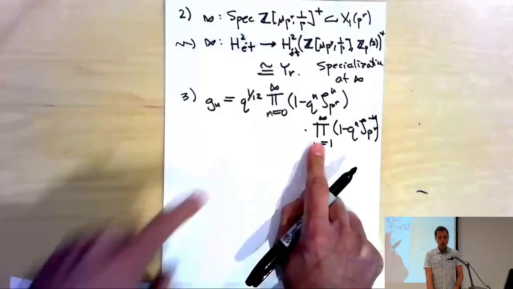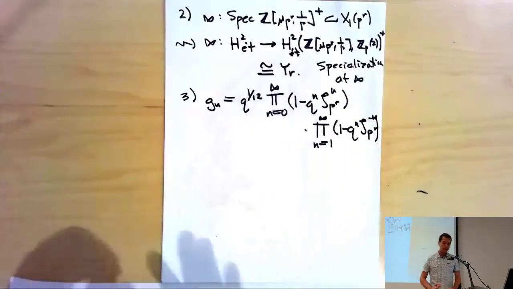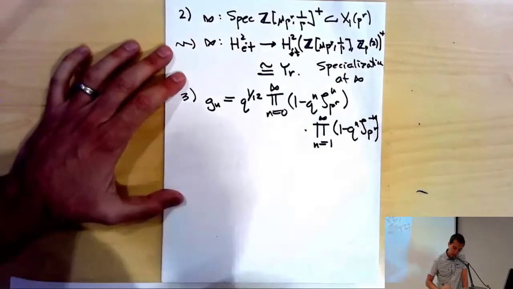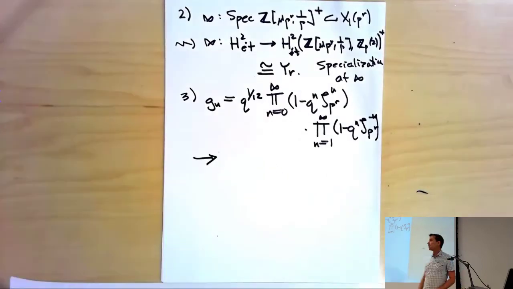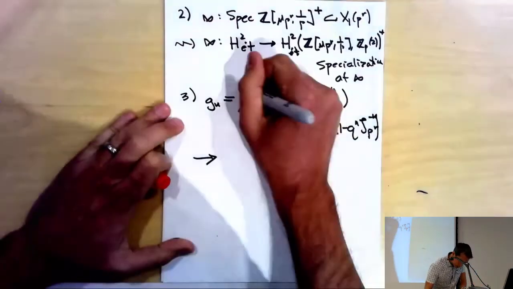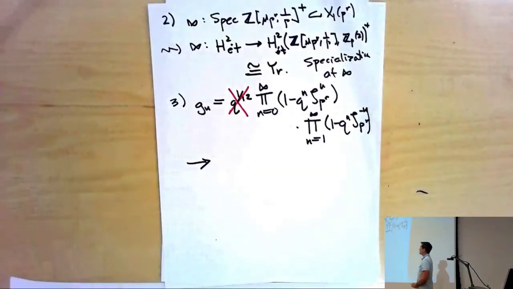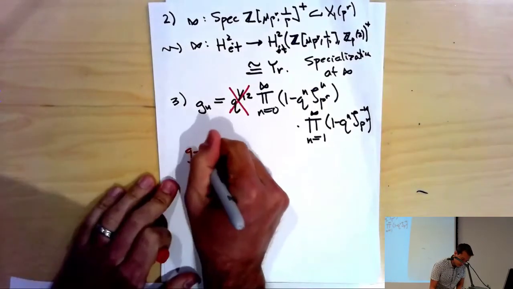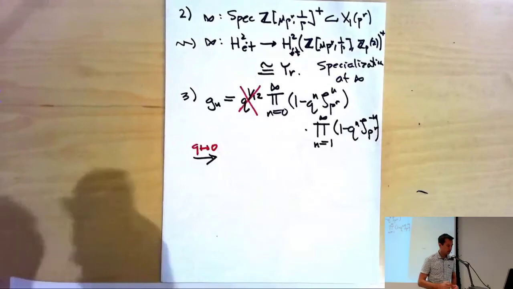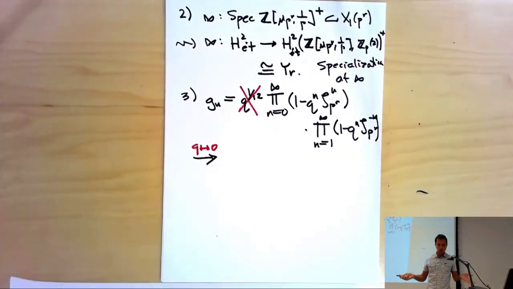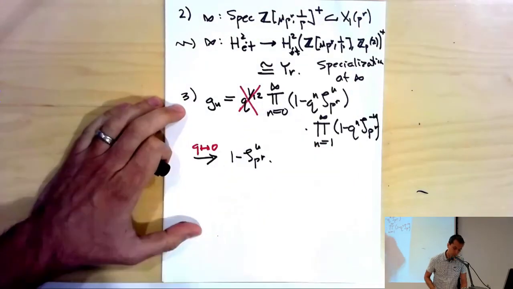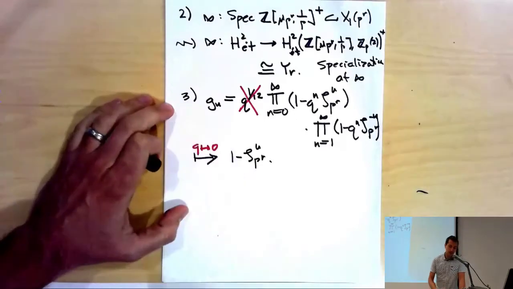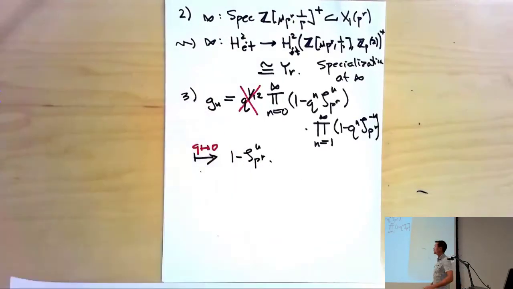You can do this on H^1 as well with Z_p(1) coefficients. What do I get? I should get some sort of p-unit. Well, what the specialization at infinity map does is it forgets about the power of q, and then it takes q to 0. So if we plug in 0 into the rest, there's only one term that survives, and that is 1 minus zeta_{p^r}^u. Okay, so under this specialization map, g_u goes to this nice cyclotomic unit.